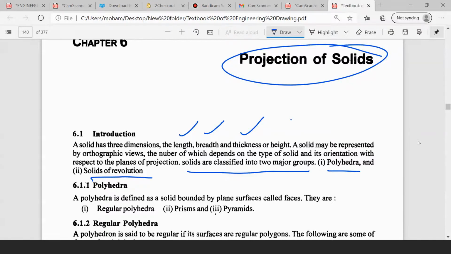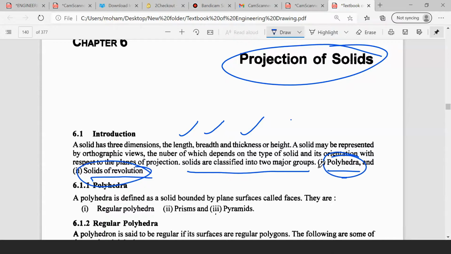A solid is three-dimensional, with length, breadth and thickness or height. A solid may be represented by orthographic views, the number of which depends on the type of solid and its orientation with respect to the planes of projection. Solids are classified into two major groups. One is polyhedra, another one is solid of revolution.